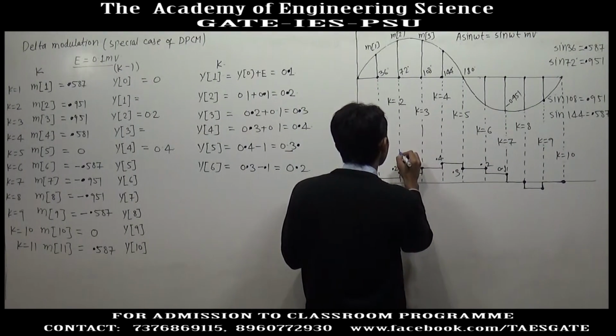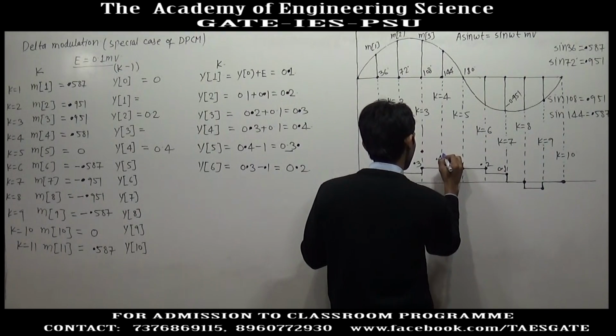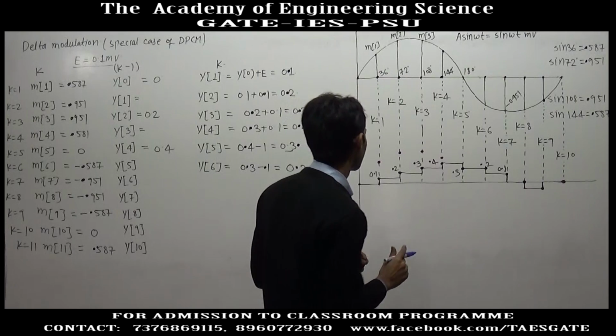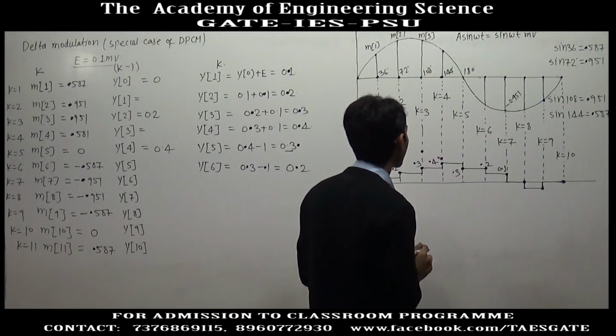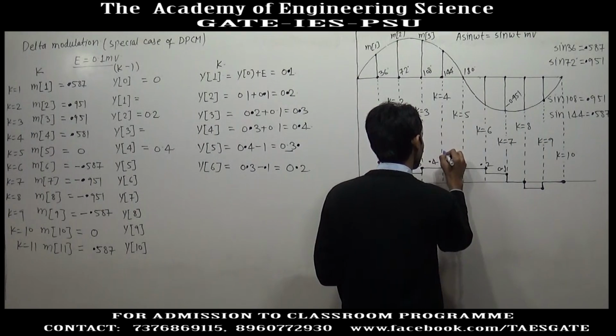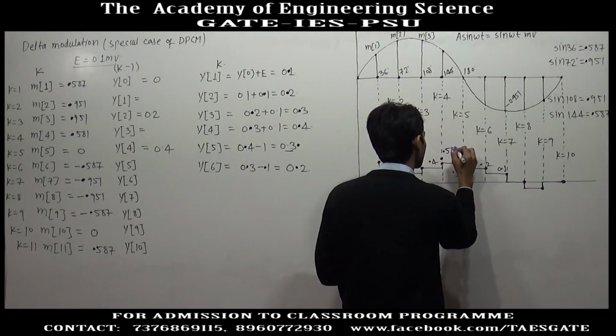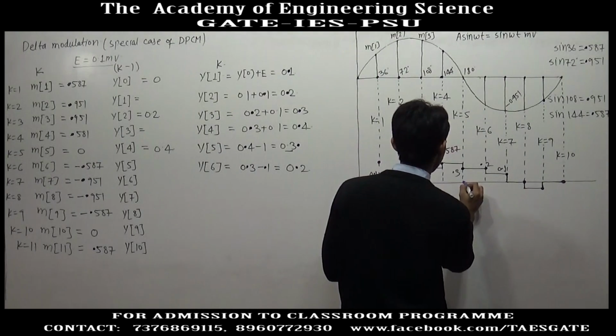Here we should have 0.951, here also 0.951, here we should have, here we should have 0.587 and here, at this point we should have 0.